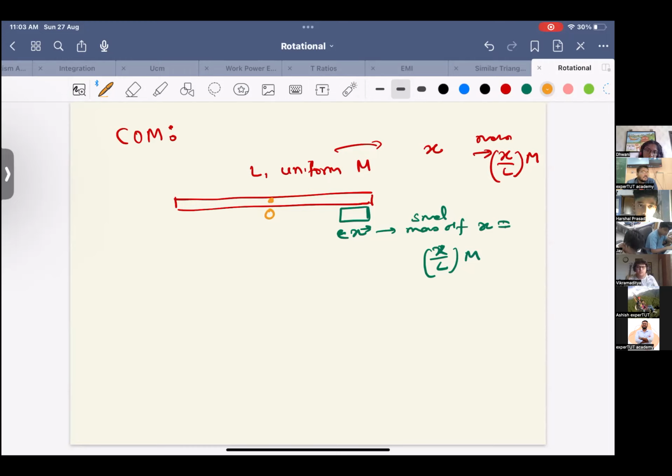Okay, मैं कुछ तो गलत बोल रहा हूँ पता नहीं, but you understand my point, right? We can think of the whole mass of the rod. Rod is an extended object, but we can take it to be a point mass of capital M, and that mass is kept where?